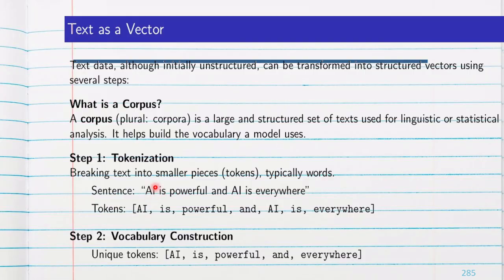If there is a space, we can split. AI is a token, is is another token, powerful, and, AI, is, everywhere. These are the tokens. Then we can construct a vocabulary of unique tokens. Here AI and is are repeating, so we avoid the repeated tokens and construct the vocabulary from the unique ones.